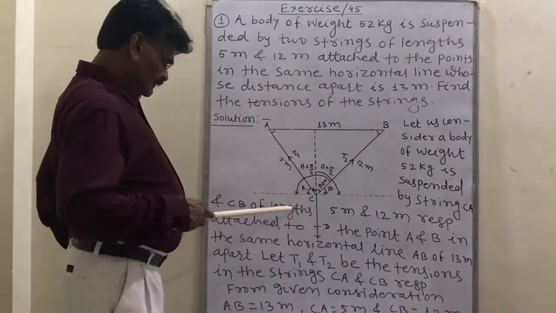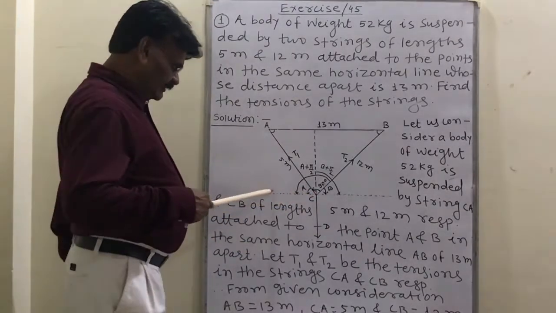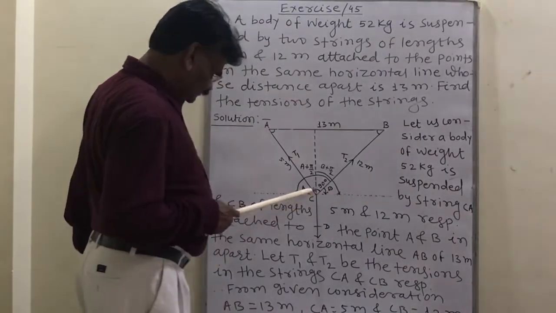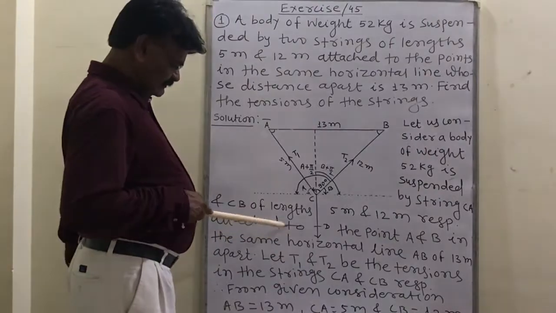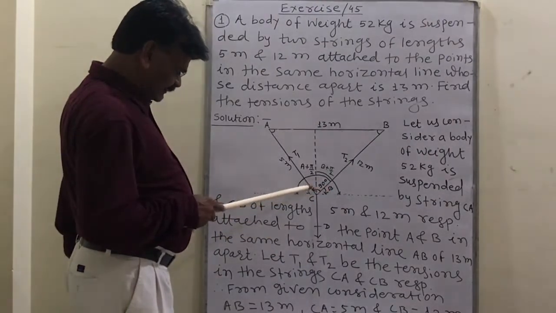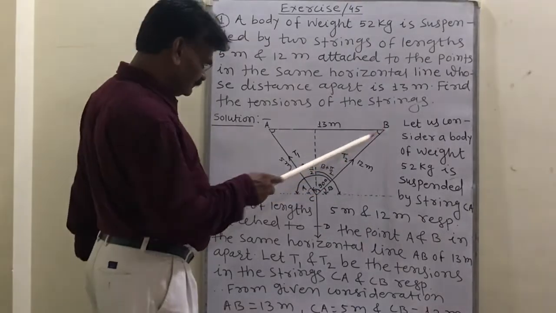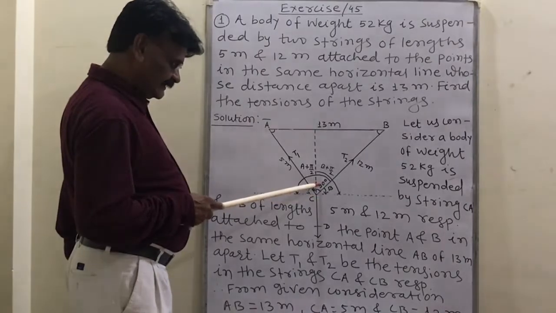So here at this point C, draw the dotted line. This angle is A, this angle is B, but this complete angle is 90 degrees.